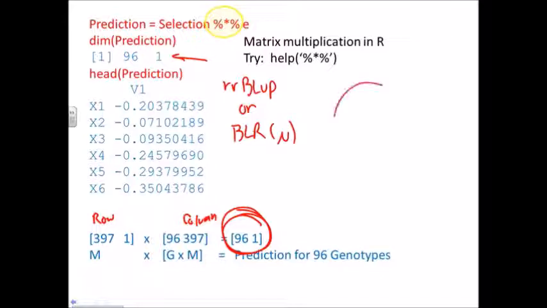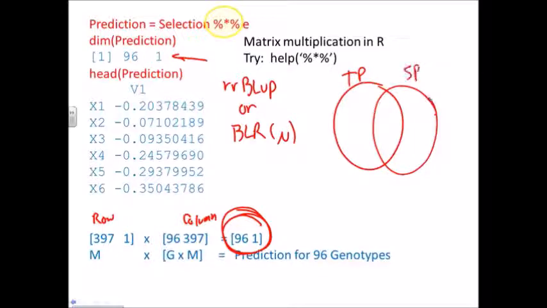So if my training population has this set of markers, and my selection population has this set of markers, I can only use this set of markers, which means I'm going to have to take this set of markers first, run it on my training population to get my new model, and then use those to calculate the prediction of my selection population.